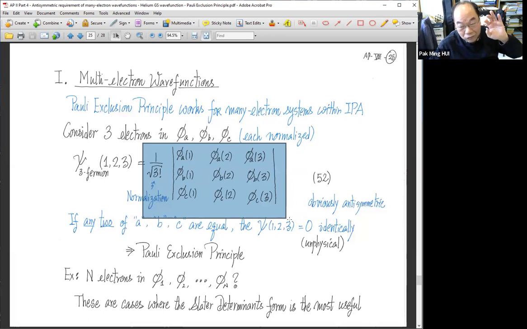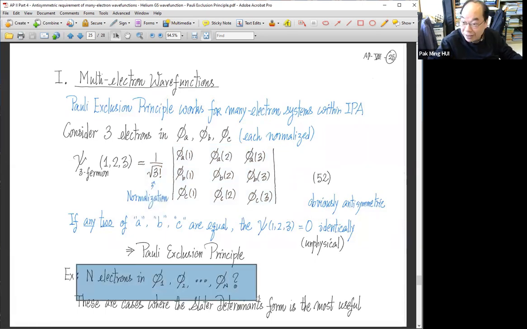I think there are 3 plus and 3 minus sign terms. Those minus signs make sure that when you interchange any 2, 1 with 2, 1 with 3, 2 with 3, any possible one, it is off by a sign. It's easy to see because of determinant mathematics.